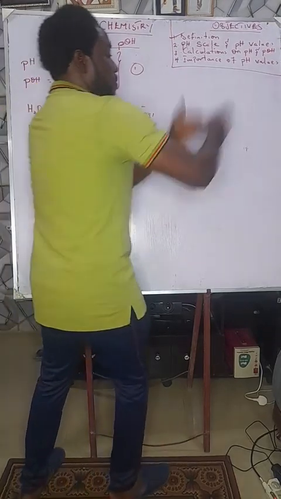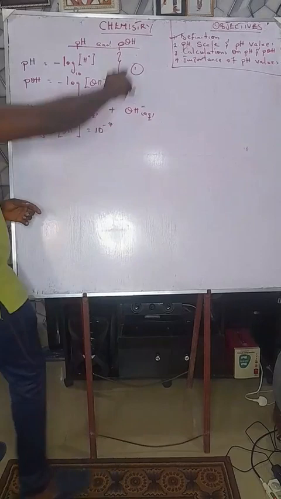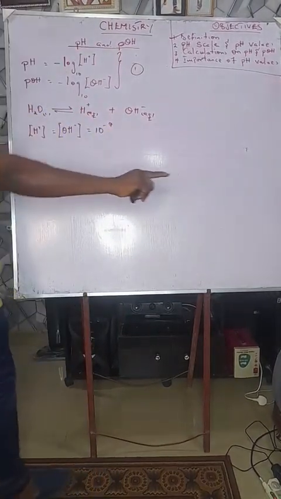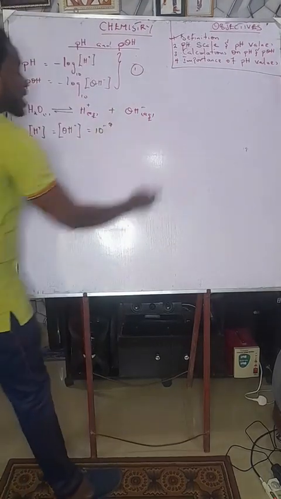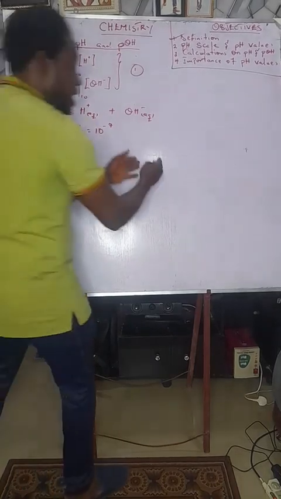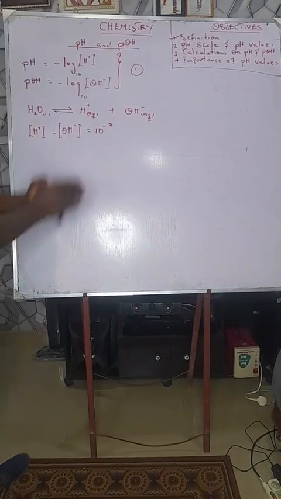Then above 7 is basic. At 14, I put 10 raised to power minus 14. That is half of the pH scale, because the pH scale can be divided into two. The first half, 0 up to 7, is acidic. Then above that is 7, but on that spot of 7 is neutral.